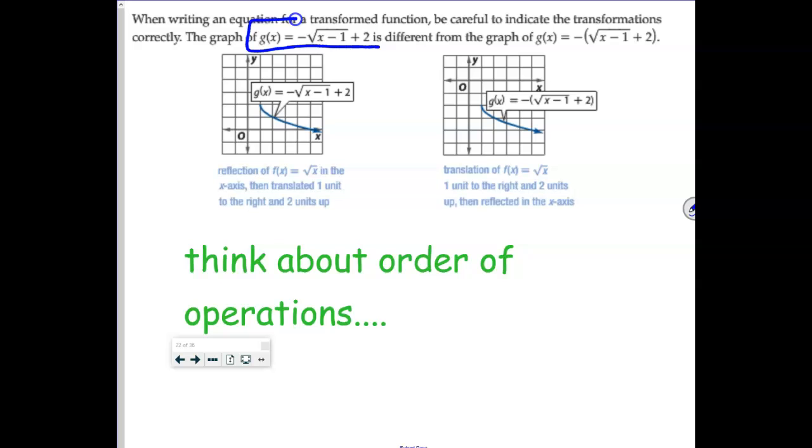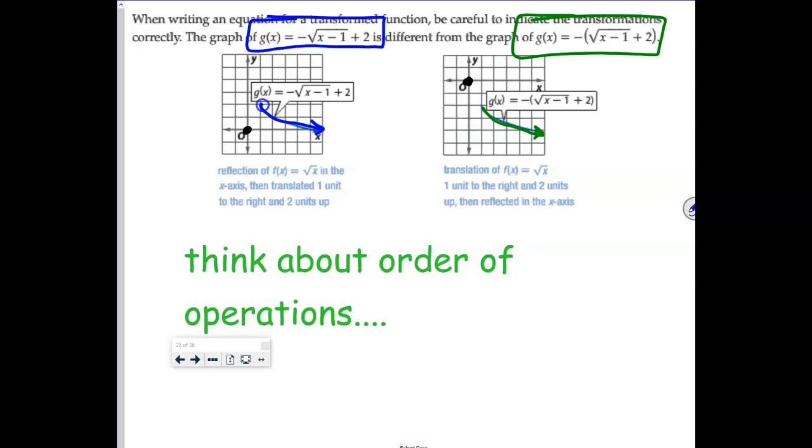This function, g of x, compared to this other function, g of x. Now, first of all, since you in the back can't see it, here's the origin, and here's the origin. And I'm thinking y'all can see, no matter where you're sitting, that this green one isn't looking a thing like this blue one.